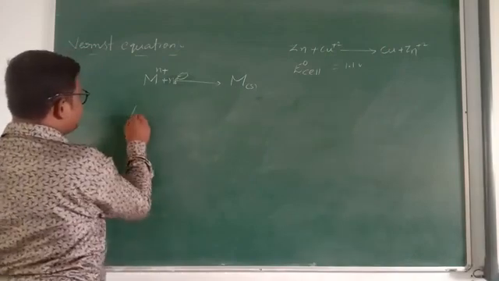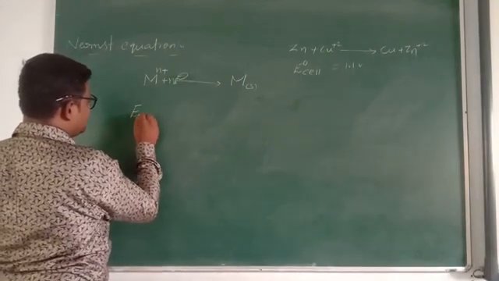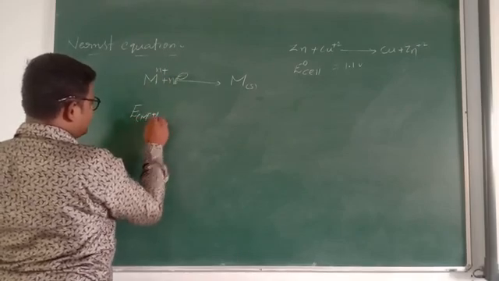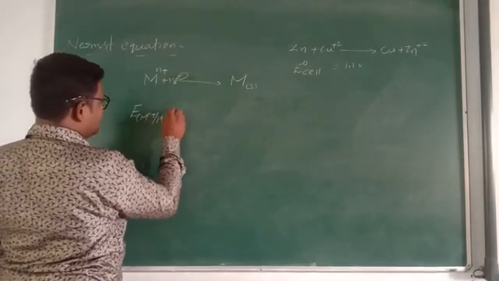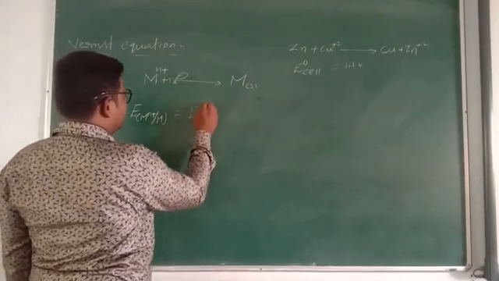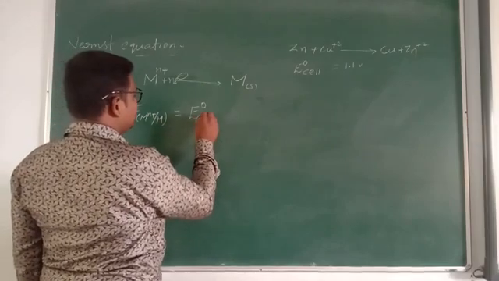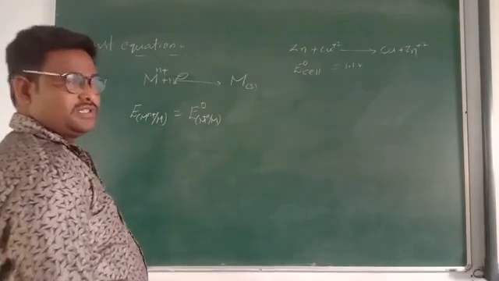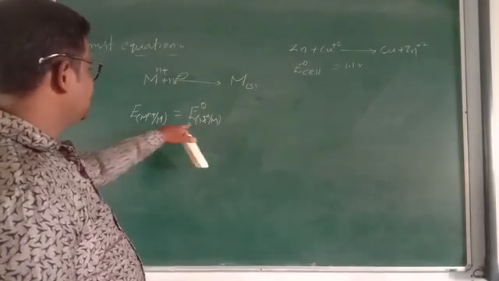For such an electrode, the electrode potential of M n plus slash M is equal to E naught, the standard electrode potential at 1 molarity concentration. This reference we already have in the electrochemical series.